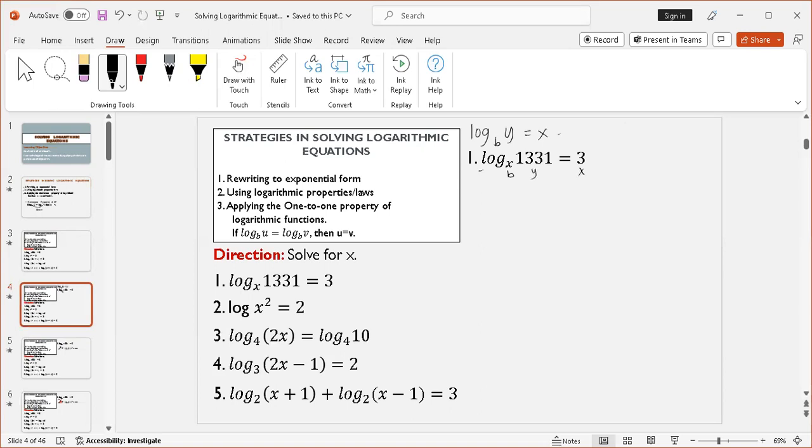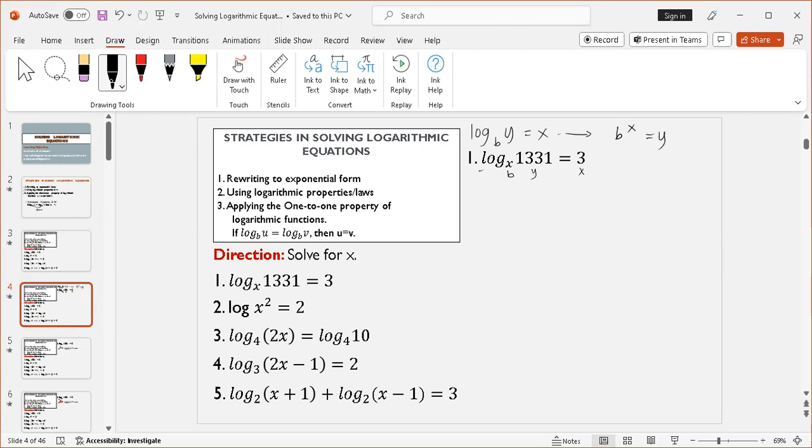So among these strategies, strategy number 1 is the most applicable one. Okay, so you may rewrite this to exponential form. So take note of this exponential form, b raised to x equals y. So reposition lang natin.